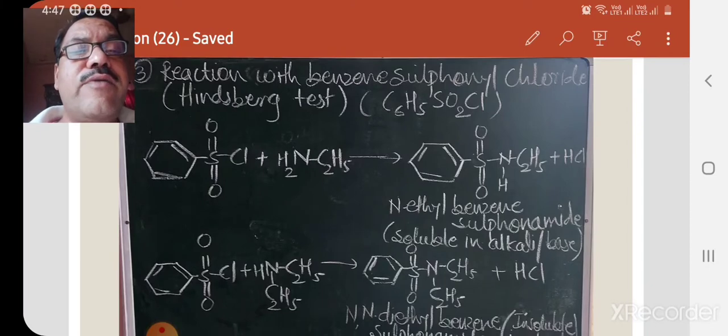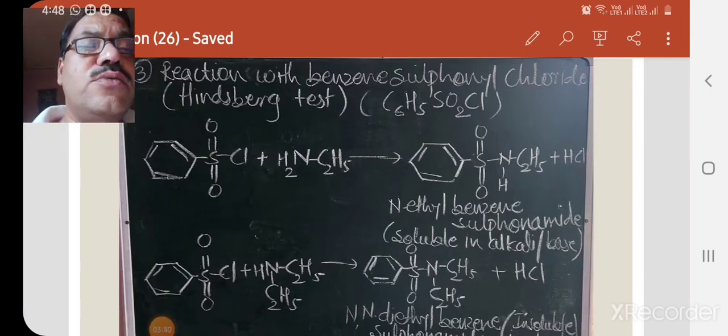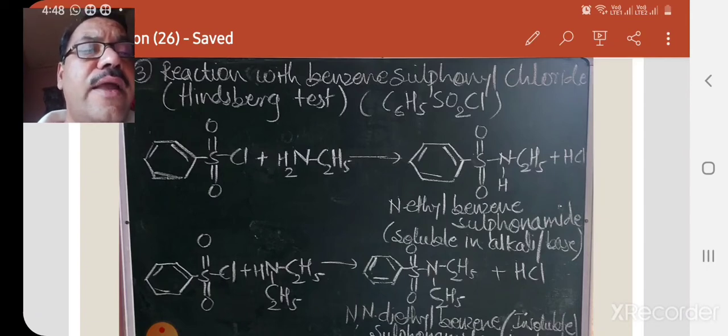Now the reaction is, when Hinsberg reagent, that is benzene SO2Cl, is reacted with a primary amine, that is NH2C2H5, the hydrogen and chlorine get eliminated and N-ethyl benzene sulfonamide is formed.